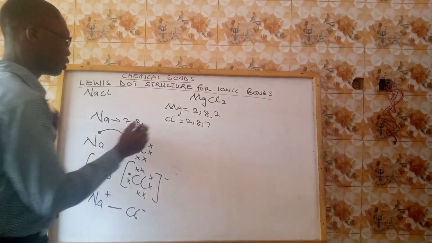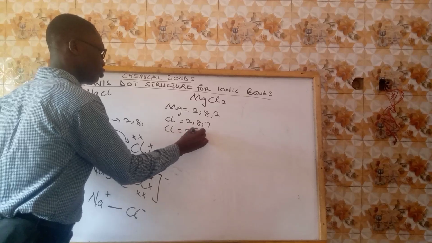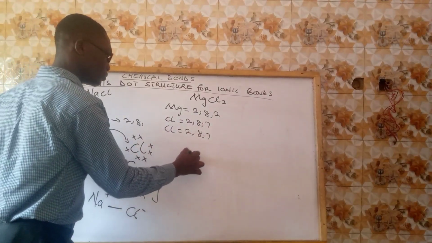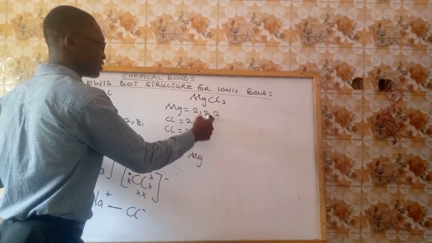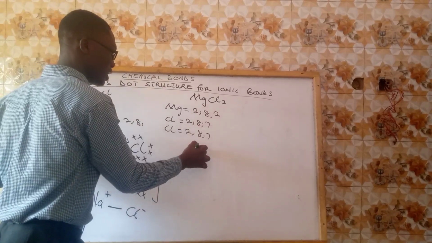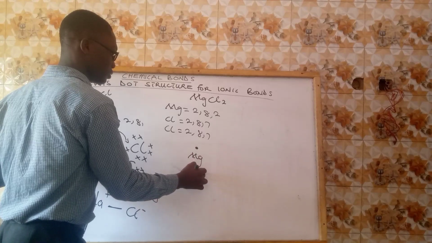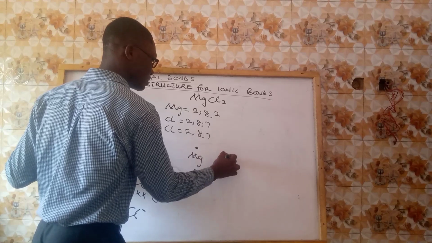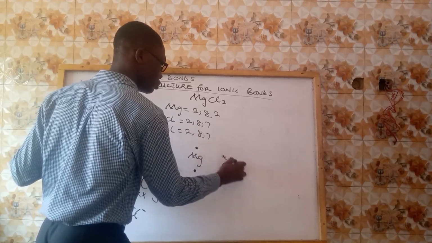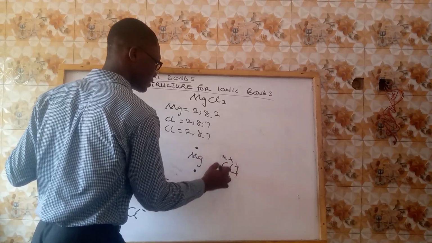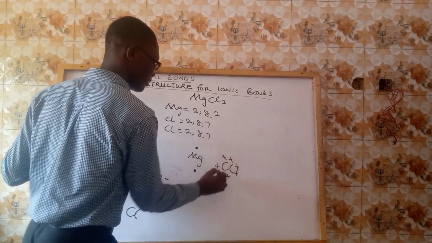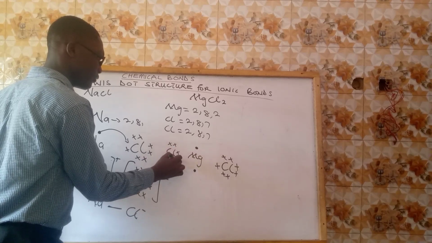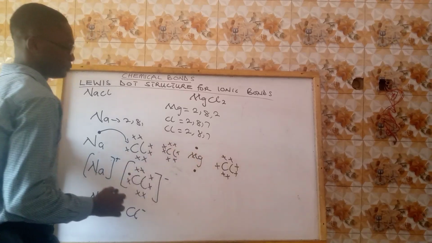So we have two chlorine atoms, another one with 2, 8, 7. For magnesium, the last shell has 2 electrons, so you have 1, 2. And for chlorine, the last shell has 7: 1, 2, 3, 4, 5, 6, 7. Now you have one chlorine also here: 1, 2, 3, 4, 5, 6, 7.